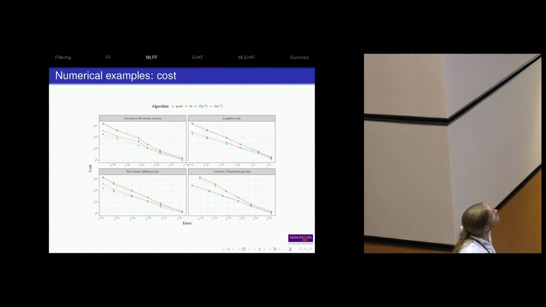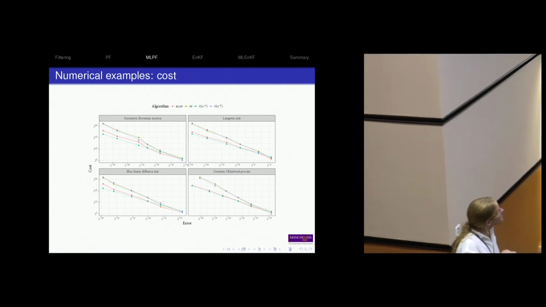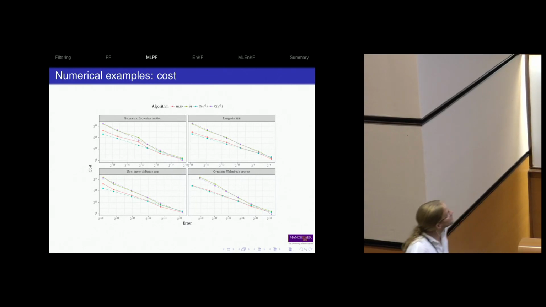Right, so then these are the corresponding costs: geometric Brownian motion, nonlinear diffusion, Langevin, and OU. Actually, these are coming from a later draft of the paper, where these figures are much nicer and more legible than the figures I showed you previously.